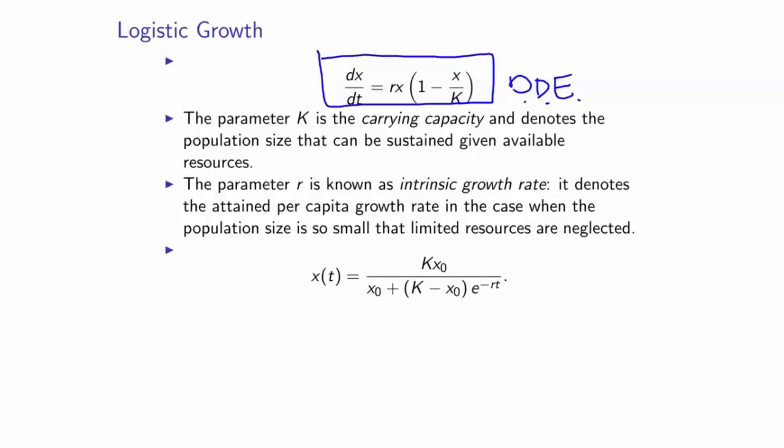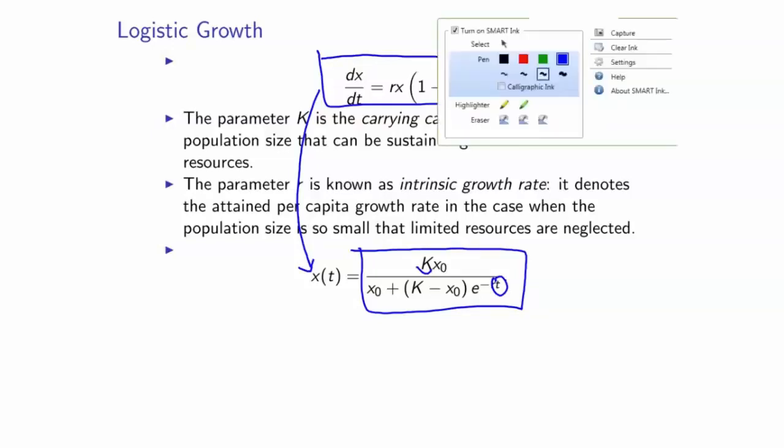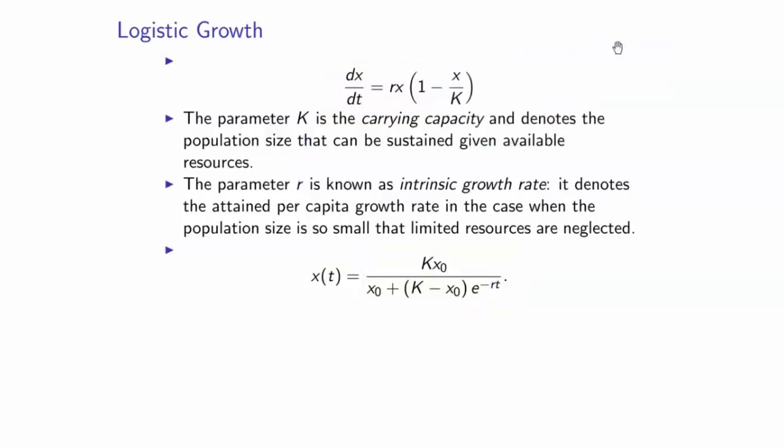There's something called separation of variables, and you can find that this expression here is the solution of that ODE. That means that this expression, which is a function of time but has parameters k and r, satisfies that ordinary differential equation, right? So that's what it means for this to be a solution.